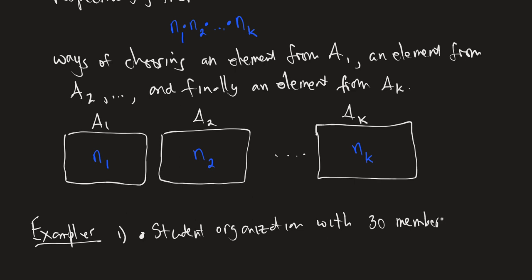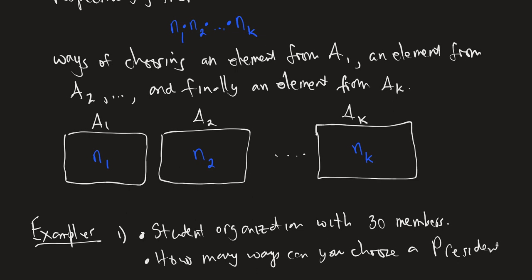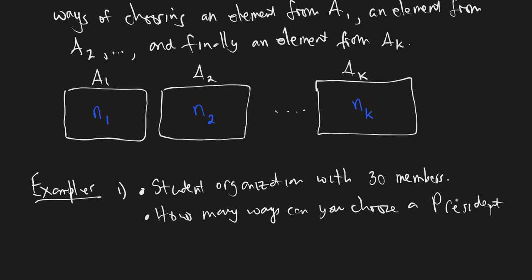So they're all different, right? 30 members. So here's our question. How many ways can you choose a president and vice president of this organization? So no other criteria, you just have to choose a president and a vice president. How many ways can you do that?